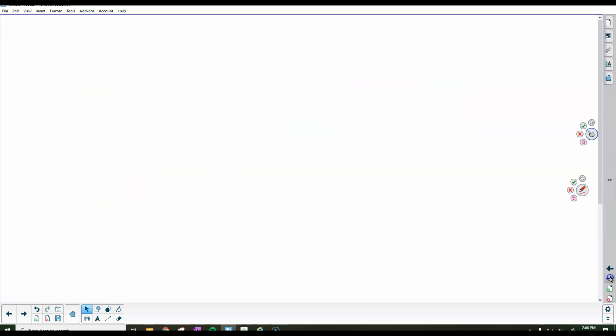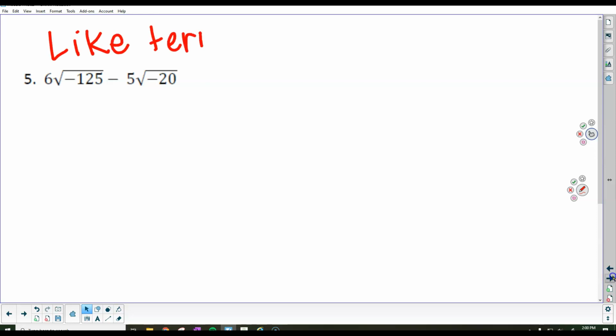Okay. Y'all, above problem number 5, write like terms. Remind yourself that's an example for like terms. Also, I'm going to share with you the rest of this. What does that stand for?